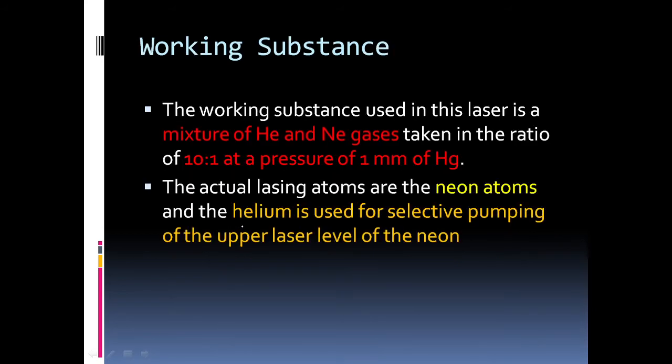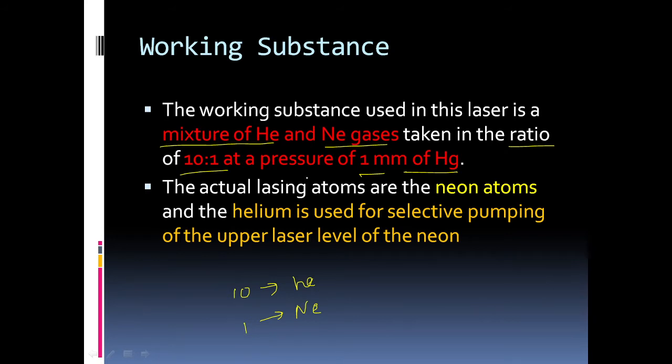Now, this is the working substance. The first point: for the helium neon laser, a mixture of helium and neon gas is taken in the ratio of 10:1 at a pressure of 1 mm of mercury, in which 10 atoms are helium and 1 atom is neon.